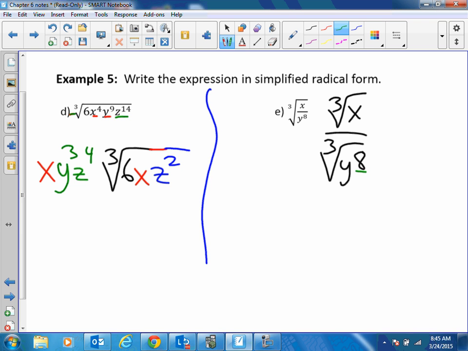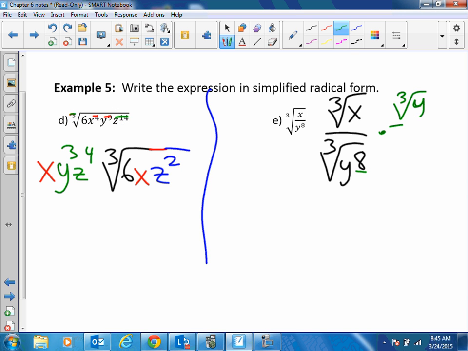Remember, when we multiply, we add the exponents, so I have to figure out what number that divides by 3 is 9. So I'm going to add 1 to 8 to make it 9, and then it'll divide. So what I have to do is multiply the top and bottom by the cube root of y to the first. If you want to write the first, you can think about it that way.